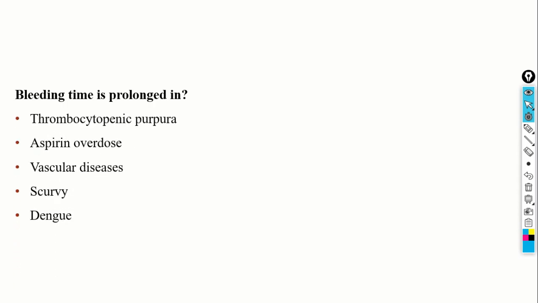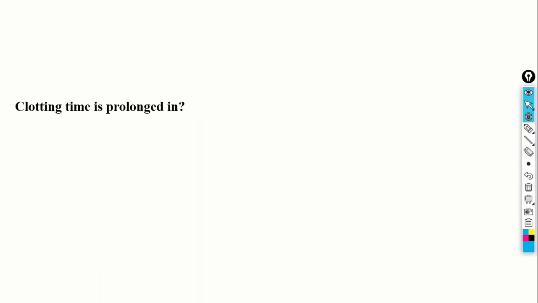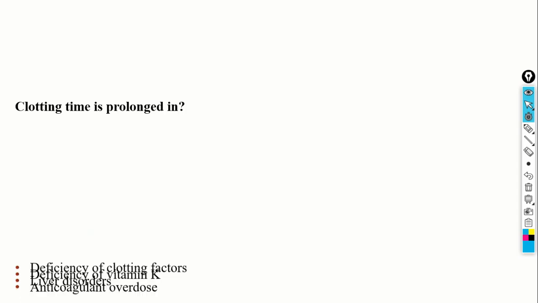You will be asked to name a condition where bleeding time is prolonged. You can say any one condition like thrombocytopenic purpura, the most important answer we will be expecting from you. Or you can go with aspirin overdose, vascular diseases, scurvy and dengue also. And name any condition where CT is prolonged.